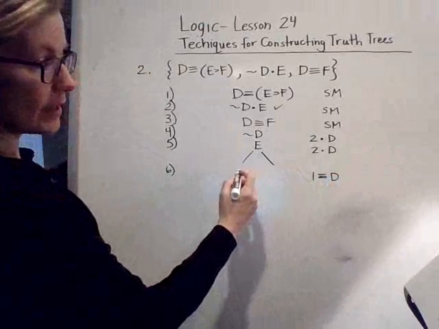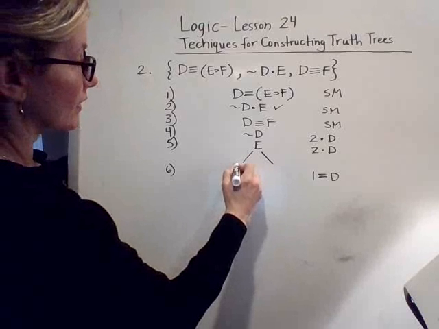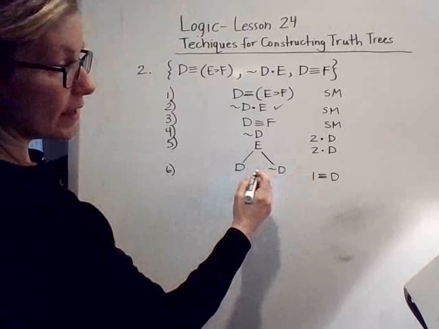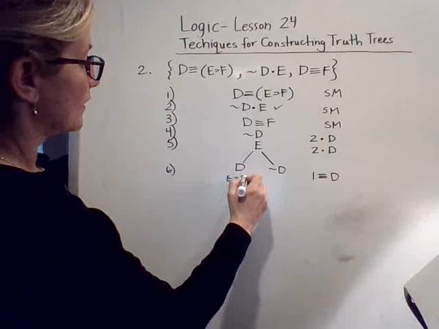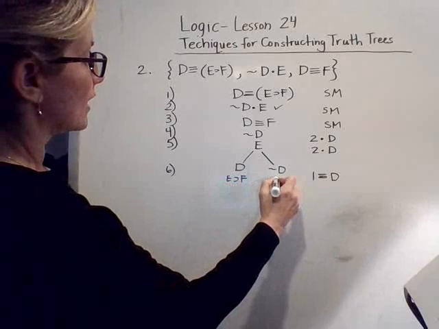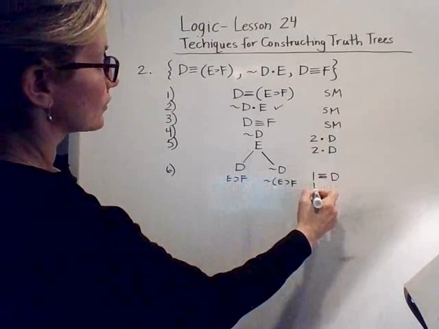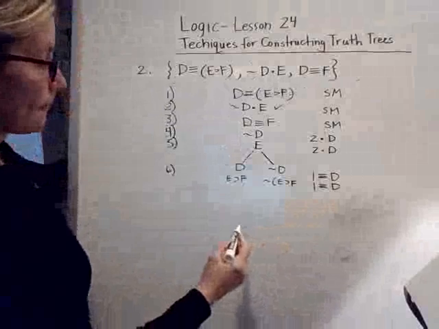The way we decompose this is over here we'll have D and not D, then if E then F, and over here not D and not if E then F. So this is also line 1, biconditional decomposition.